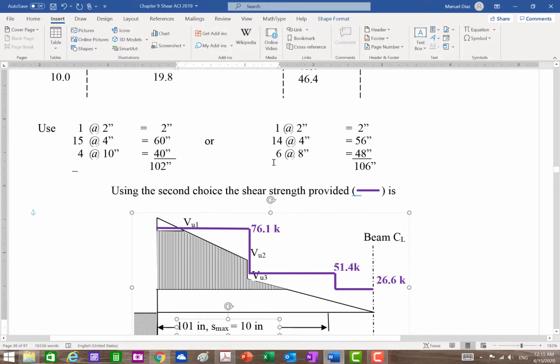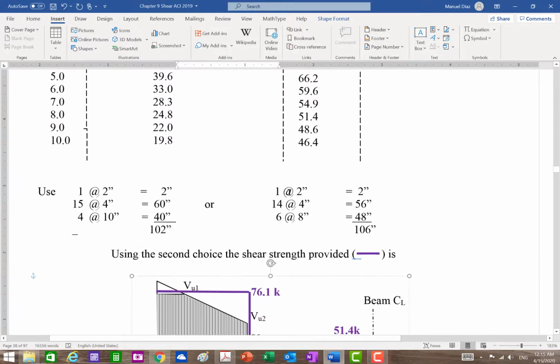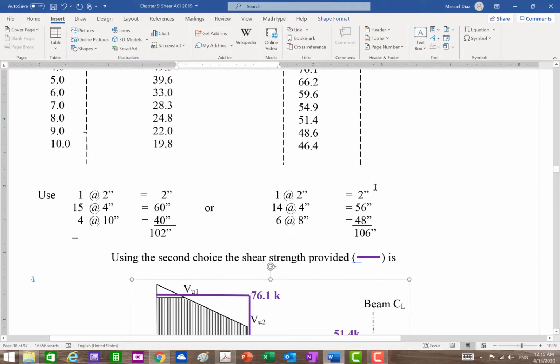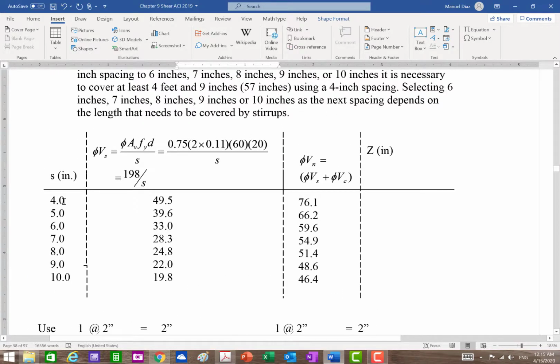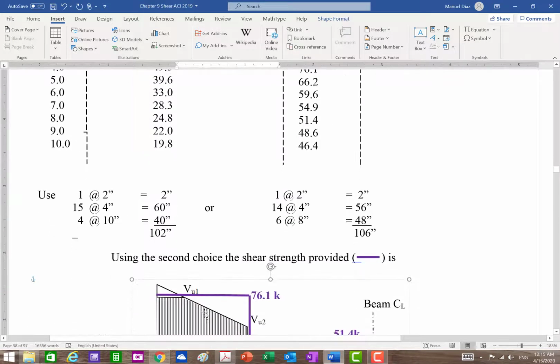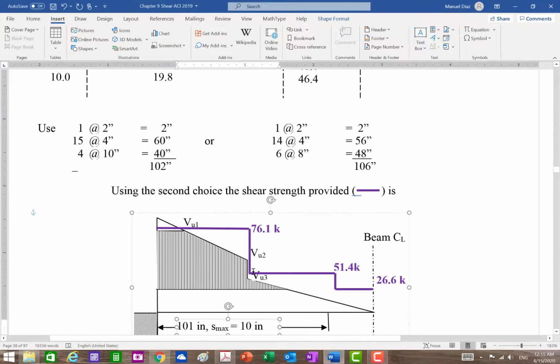How do you plot your strength provided? Well, this one doesn't count. This one right here, the force. The force, spacing at 4, provides a strength of 76.1. So 76.1. Where do you change it? Right at the drop. You're passing the drop by a little bit, and then you're changing. Changing to what? You're changing to spacing of 8.